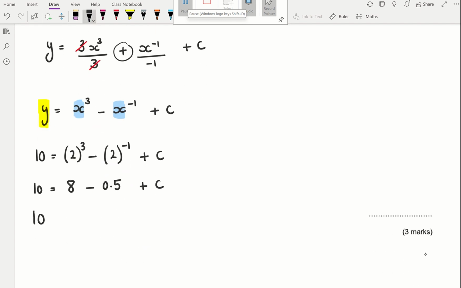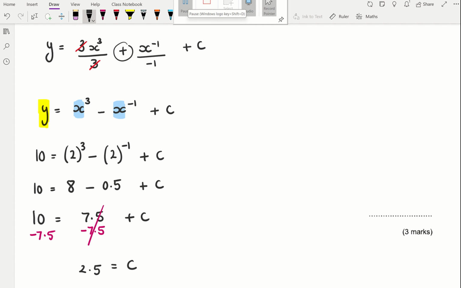So this is 10 equals 7.5 plus c. To find c, you need to do the opposite. So subtract 7.5 from both sides. And therefore c, which is 10 minus 7.5, is 2.5.